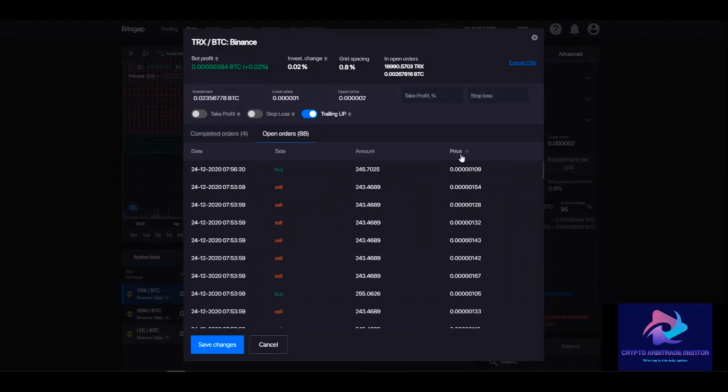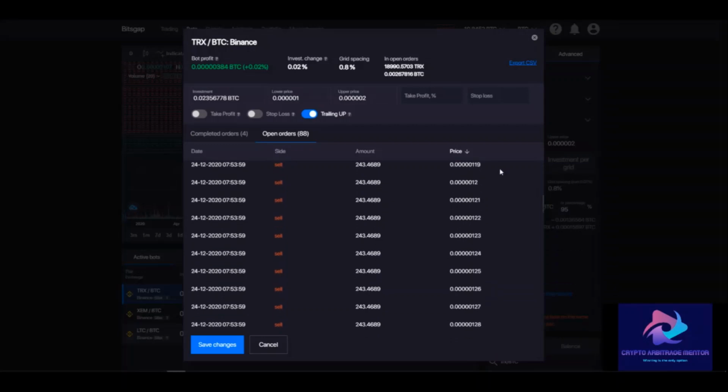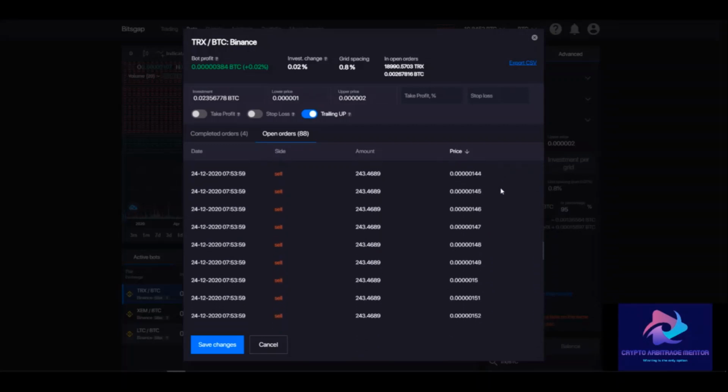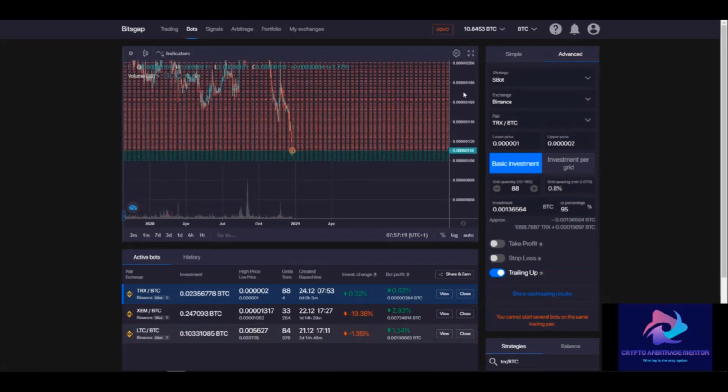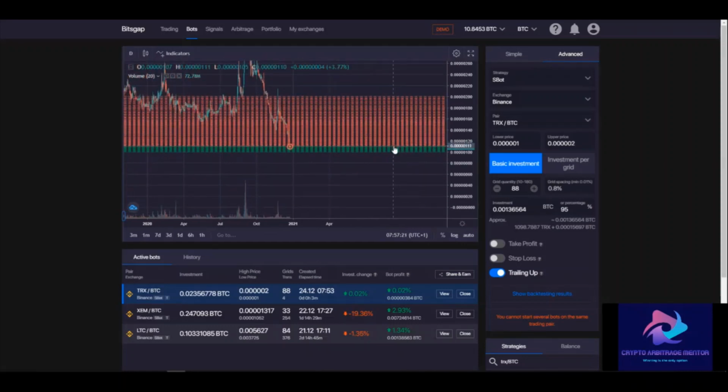These are the predefined orders that we have put in the bot. All these are buying and all these are selling orders. And why are there many more selling orders? Because we set the grid with more selling orders in red than in green.